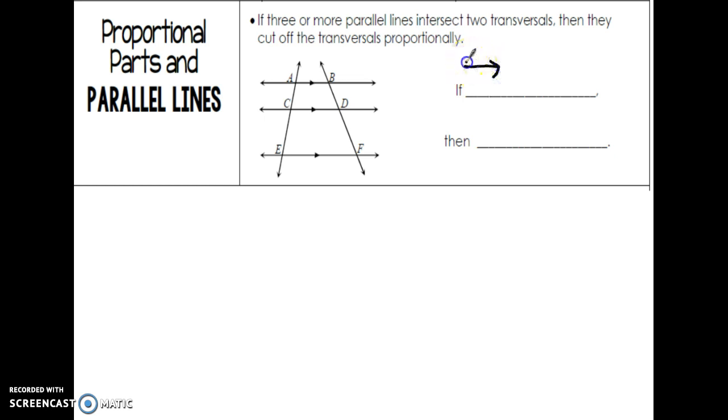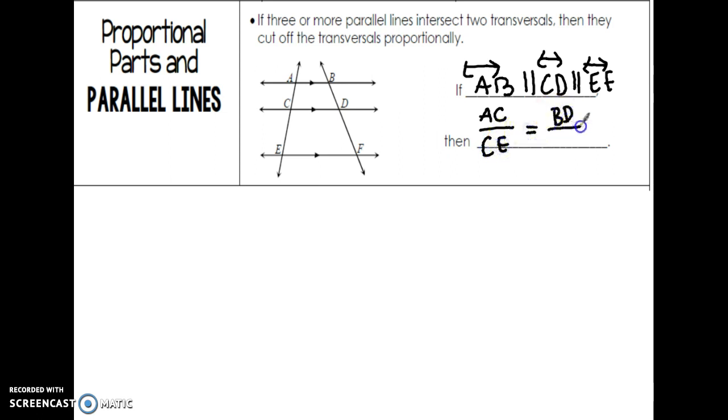So we know that if line AB is parallel to line CD, which is also parallel to line EF, then we know that AC over CE is equal to BD over DF.